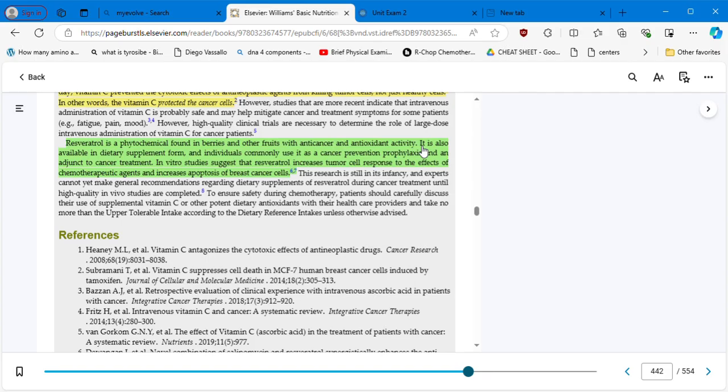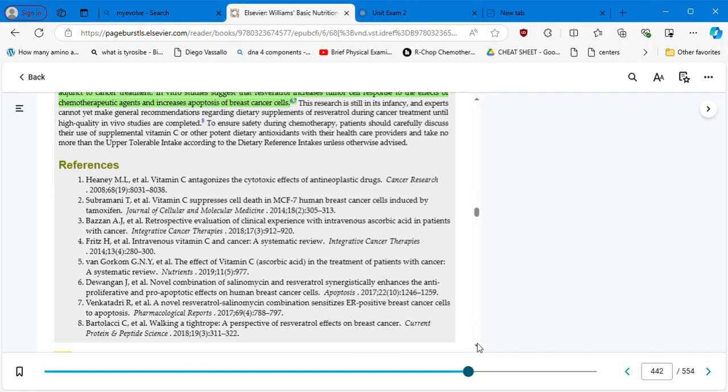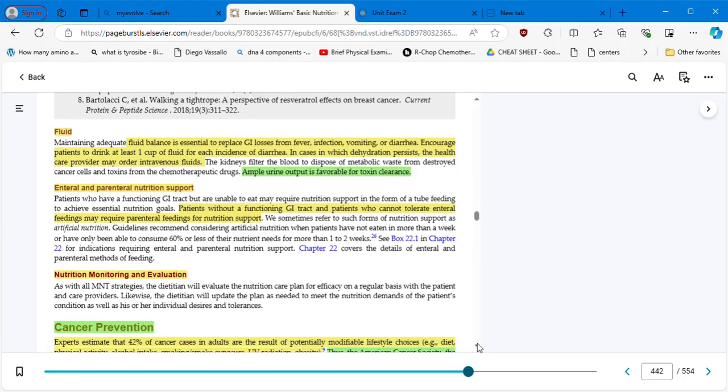It is also available in dietary supplement form, and individuals commonly use it as cancer prevention prophylaxis and an adjunct to cancer treatment. In vitro studies suggest that resveratrol increases tumor cell response to the effects of chemotherapy agents and increases apoptosis. What is apoptosis? The cell itself is going to destroy the breast cancer cells. Yes, resveratrol is very good.